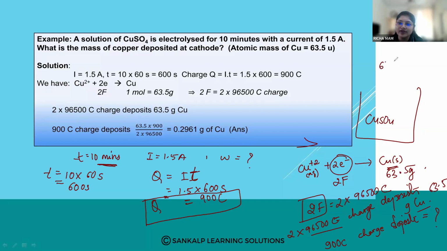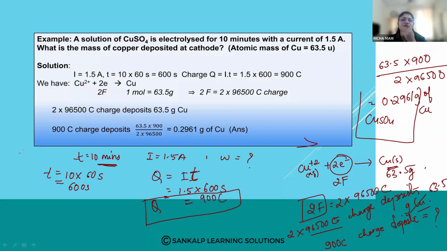So it will be 63.5 into 900 cross multiplied, divided by 2 into 96,500. How much will you get? You will get 0.2961 grams of copper.